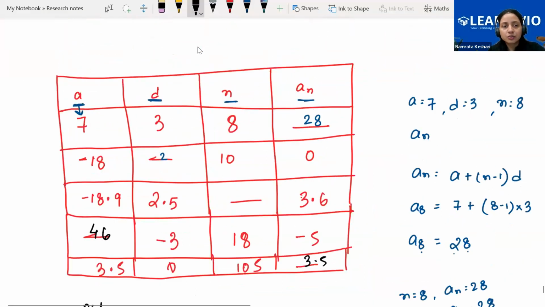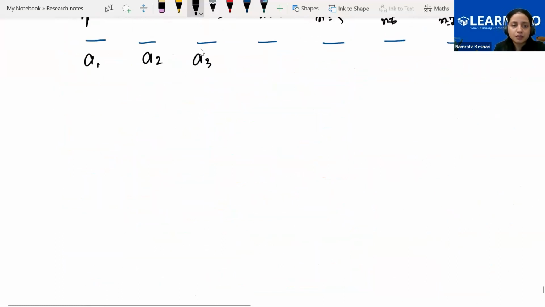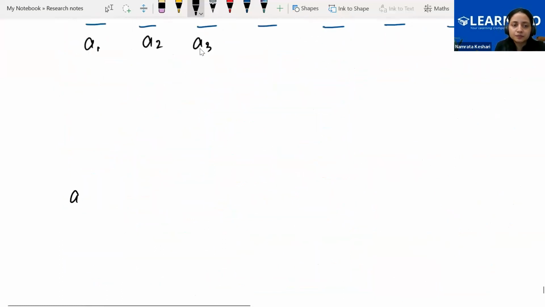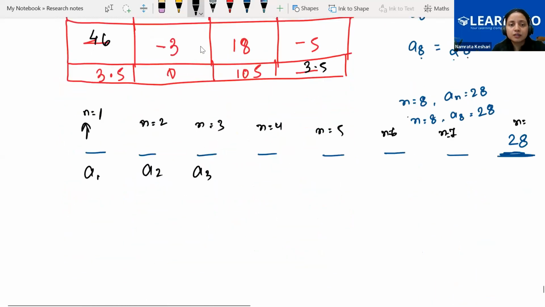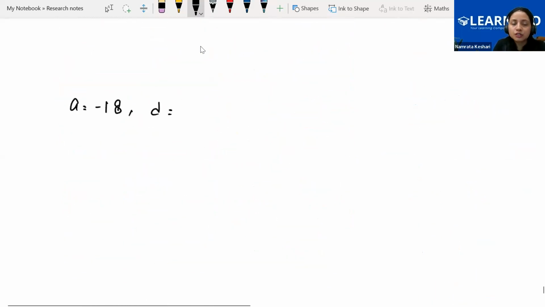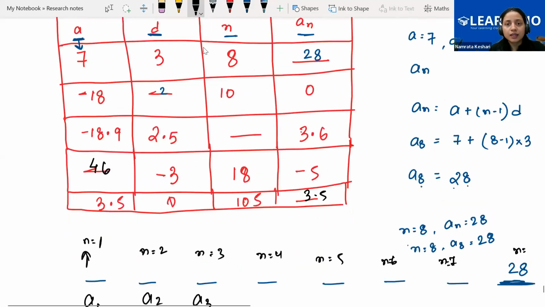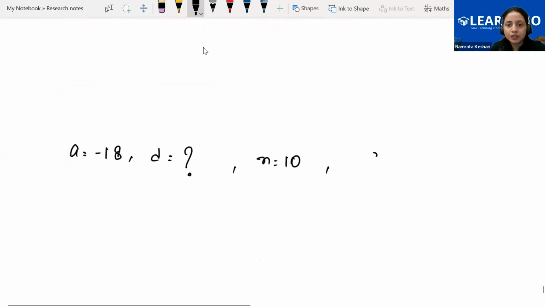For the next row, we are having a as minus 18, d we don't know, n is 10. For the second row, n is 10, and an is given as 0.